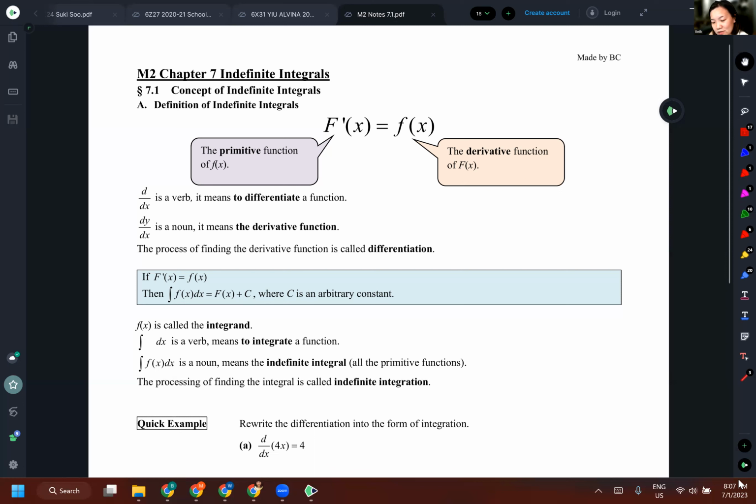Now, 7.1, the concept. Now, you can see this equation. This is the differentiation equation. F prime equal F. The two F's are different. In the past, I always say, oh, this is the derivative function. I think I always mention that. So you know this is the derivative function, this one.